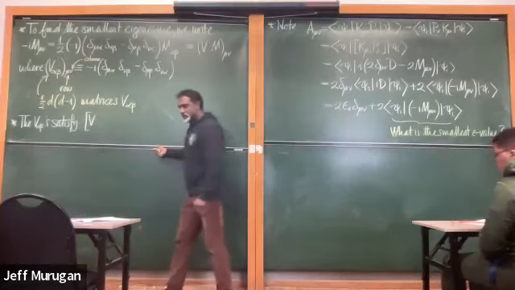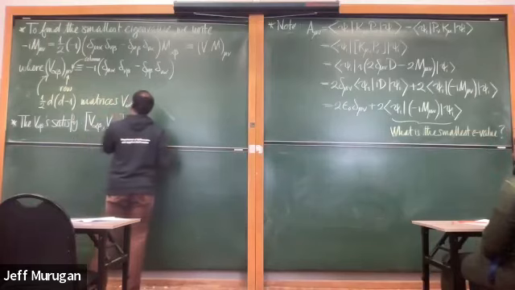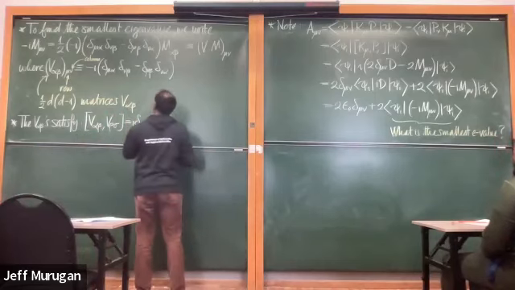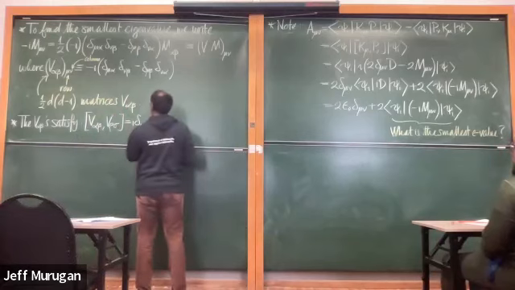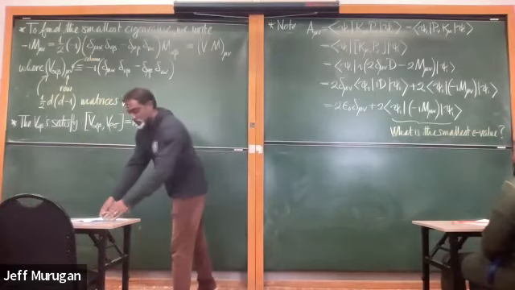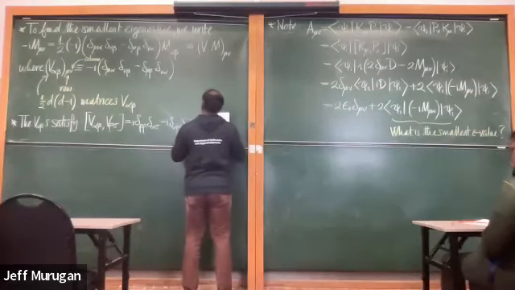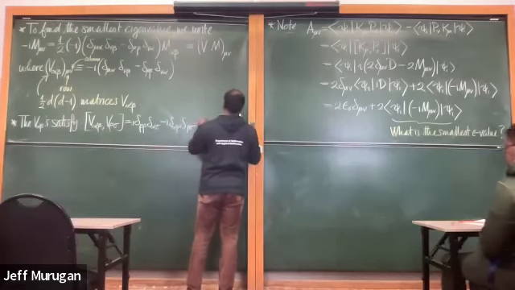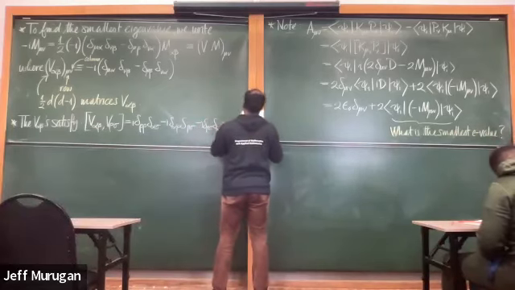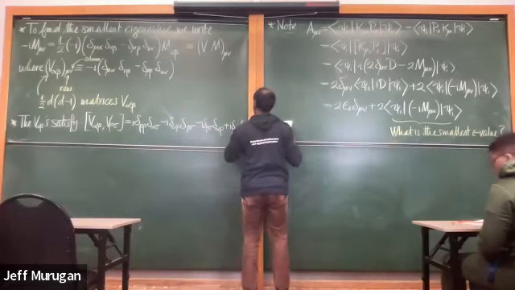They satisfy the relation that the commutator of B alpha beta with B rho sigma is i delta beta rho delta alpha sigma minus i delta alpha rho delta beta sigma minus i delta beta sigma delta alpha rho plus i delta alpha sigma delta beta rho.